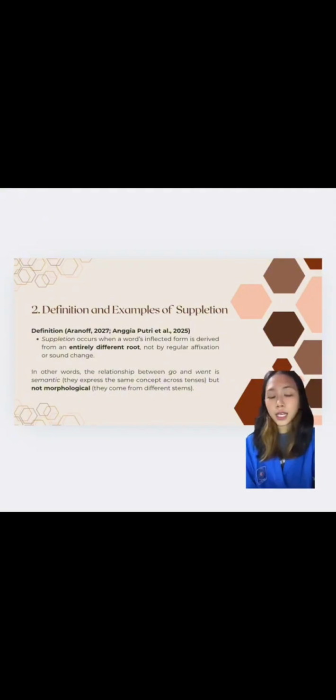I will explain it in simple points for this slide. What is suppletion? Suppletion happens when different word forms come from completely different roots but share meaning. For example, go becomes went, be becomes was, and good becomes better. They are semantically related but morphologically unrelated.